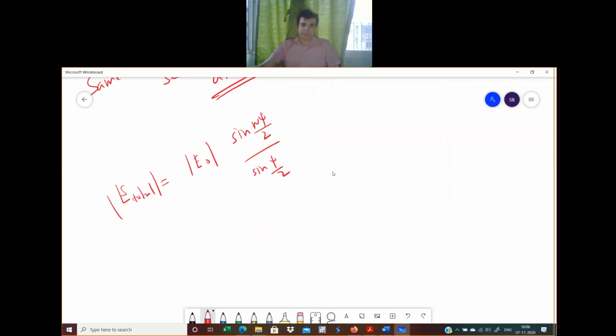What is this limit? Exactly, undefined form, so we have to use some limit. So psi tends to 0, sine n psi by 2 over sine psi by 2.